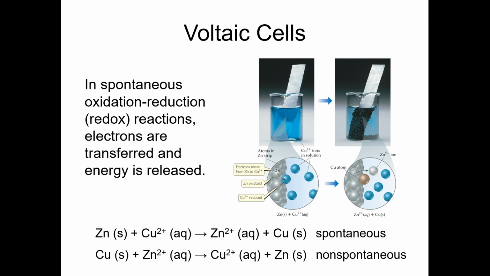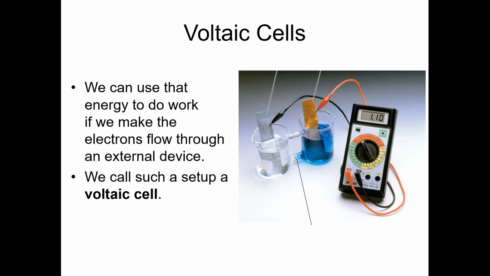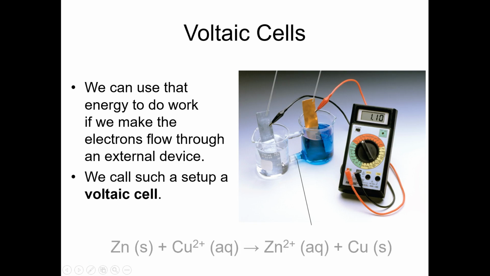A voltaic cell is simply a device that allows us to take a redox reaction and run it in such a way that we can generate energy from it in the form of moving electrons. So in order to do that, we use what's called a voltaic cell. And the key to a voltaic cell is that we take the redox reaction and we actually physically separate the 2 half reactions.